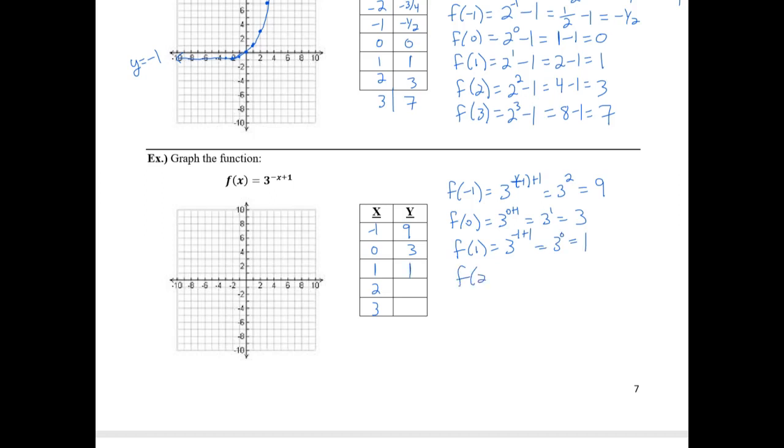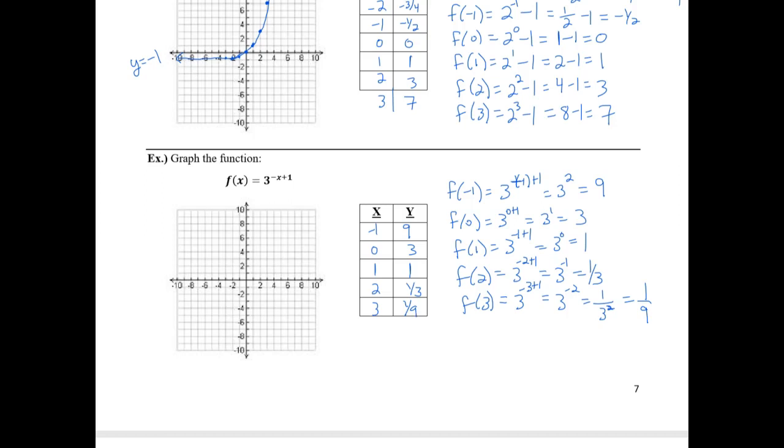And then f of 2, so 3 to the -2 plus 1 will be 3 to the -1, which takes the reciprocal, and we get 1/3. And then lastly here, f of 3 equals 3 to the -3 plus 1, which will be 3 to the -2, which is 1 over 3 squared because of that negative exponent, which makes it 1/9.